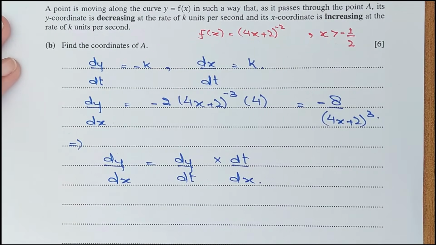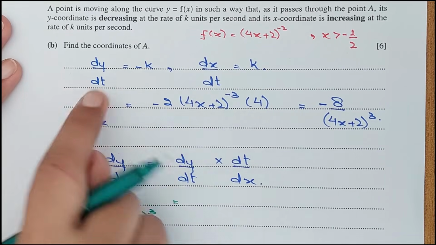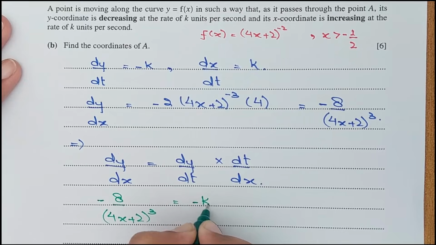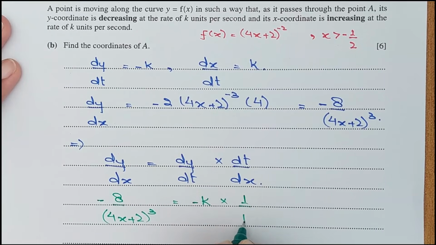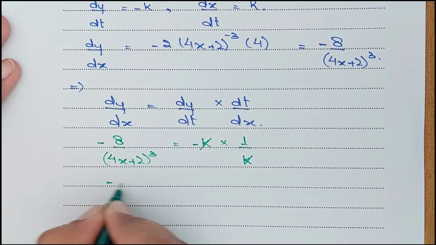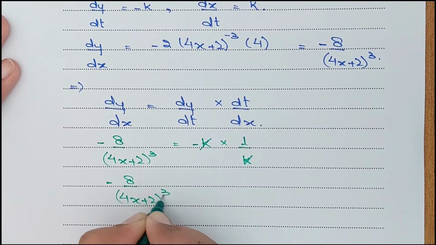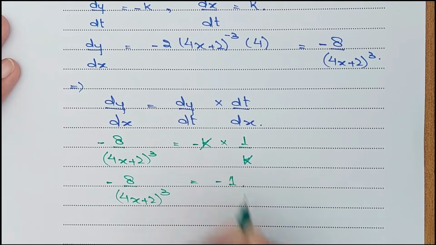So substituting the values, we know that dy over dx we got is minus 8 over (4x plus 2) whole cube. dy over dt is negative k times 1 over k. k is cancelled with k, we are just left with minus 1. So minus 8 over (4x plus 2) whole cube is equal to minus 1, right?